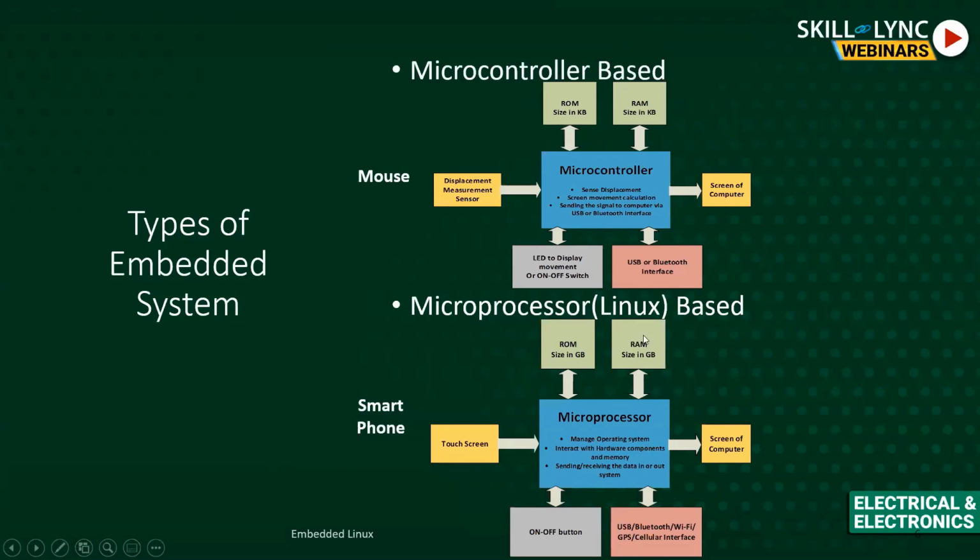Here we might have the memory size in GB. Here we might have other circuitry such as different sensors. For instance, I've just taken an example as on-off button. And here we can have many interfaces to communicate with the external world, that is USB, Bluetooth, Wi-Fi, GPS, and the cellular interface, right?